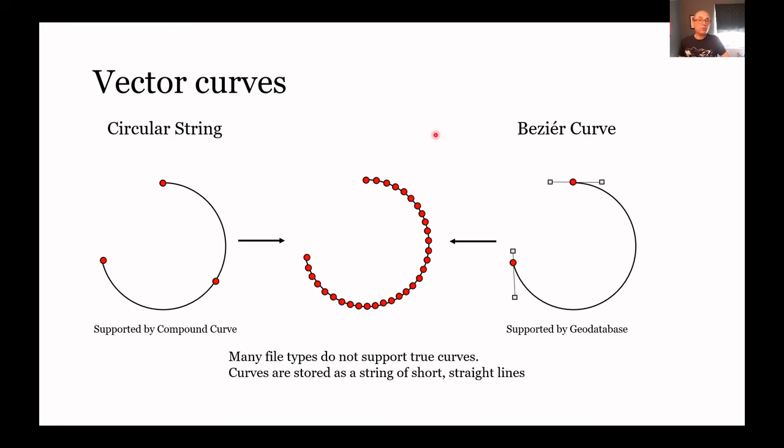You can certainly construct them using these methods, but once the data is stored, it will just be a series of straight lines. Some, like the geodatabase in Arc, can store Bezier curves and splines, for example, so that this geometry is actually stored directly in the file rather than just ending up as a string of straight lines.